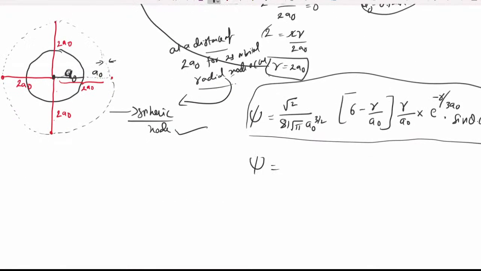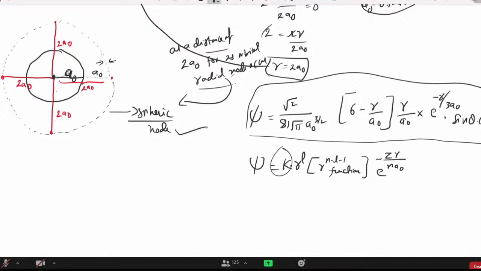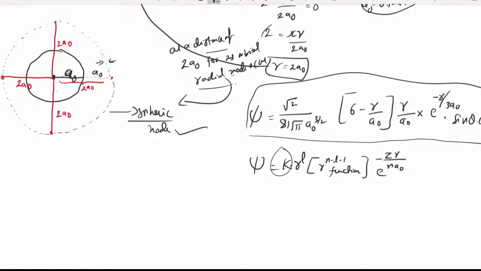Psi is equal to K, which is a constant, into r power L, into r power of n minus L minus 1 function, into e power minus ZR by n a naught. Compare every time like this. Here K is the constant. What is the power of r here? It is 1.